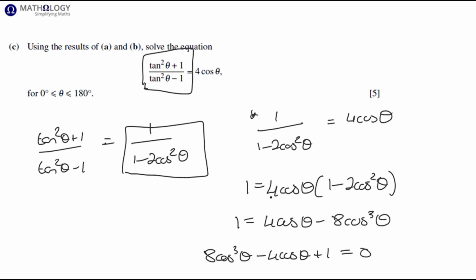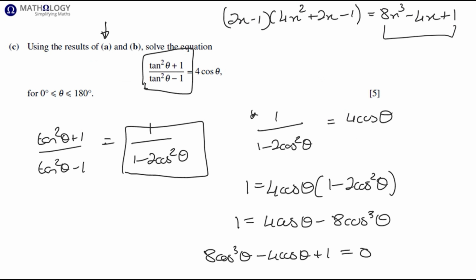Now, they asked you to also use part A. Recall that part A required us to show that (2x minus 1) times (4x squared plus 2x minus 1) equals 8x cubed minus 4x plus 1. Looking at this expression and this expression, you can clearly see they're very similar.